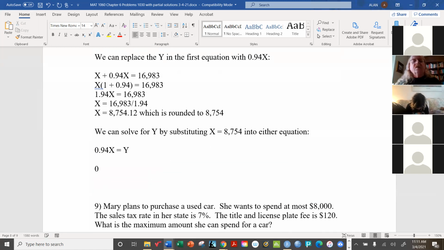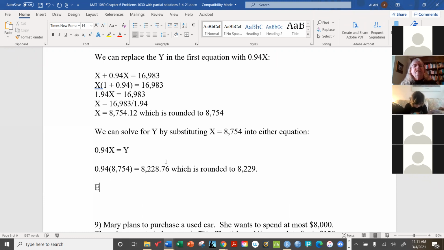So 0.94 times our answer of 8754. If you take out the calculator, you'll get 8754 times 0.94 is 8228.76, which is rounded to 8229.